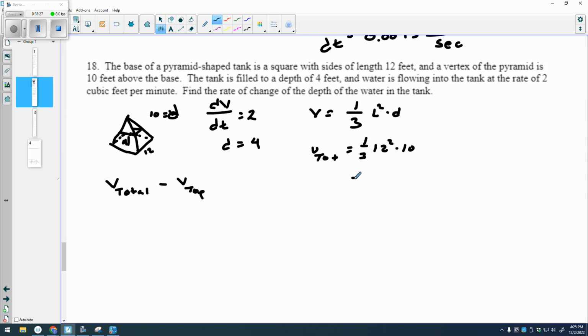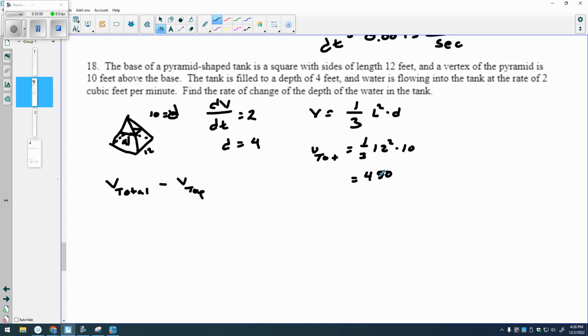So my full volume is 1/3 of 144, which is what? I don't have a calculator handy. One second, I'm going to hit pause and go grab a calculator. So 1/3 of 144 is 48, times 10 gives me 480. So this right here is 480.